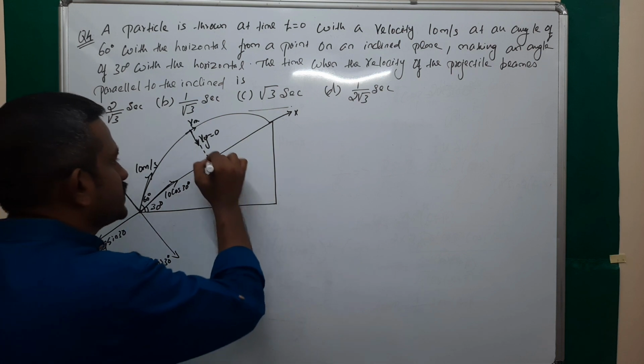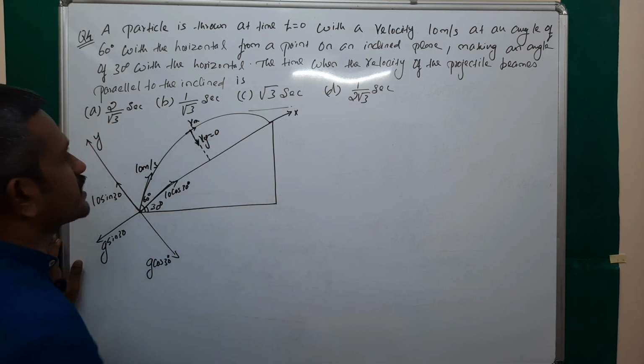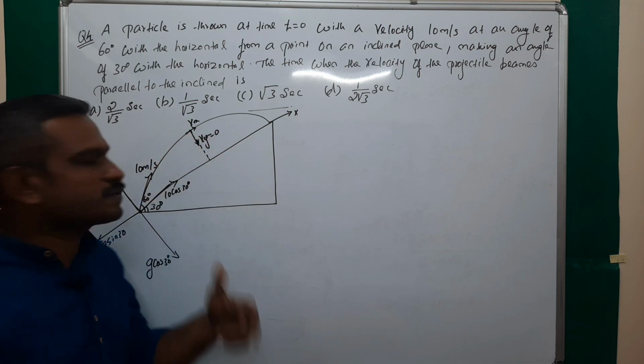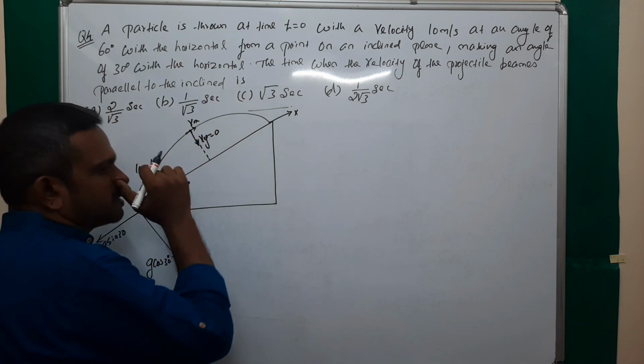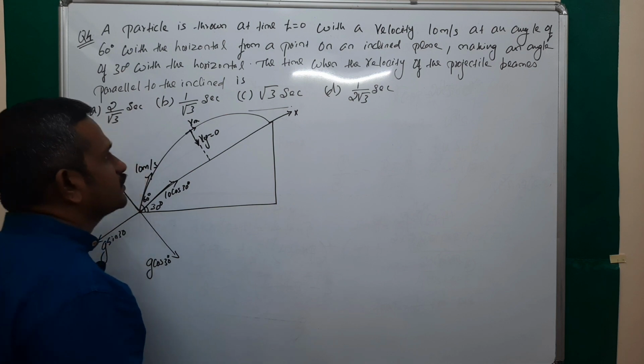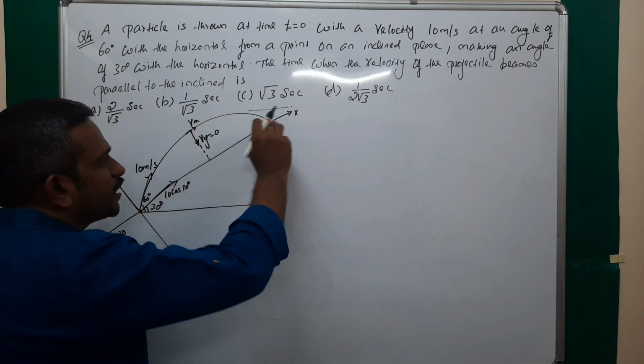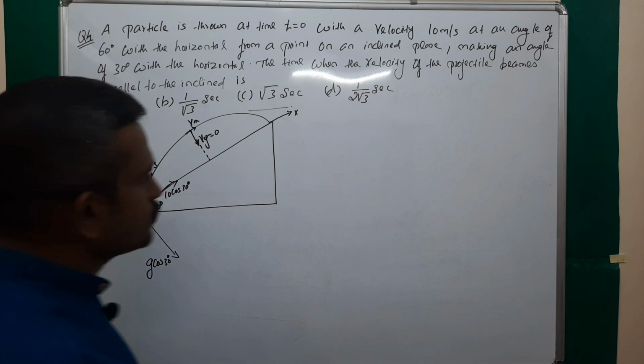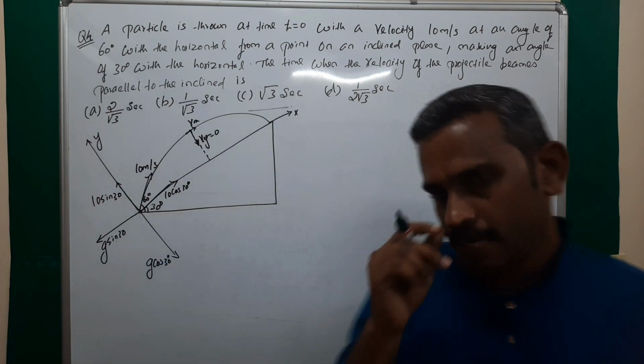When the projectile reaches its maximum height, its vertical velocity is equal to 0 and it has only the horizontal velocity. At that time the velocity is parallel to the inclined plane. Using that condition we are going to solve this problem.